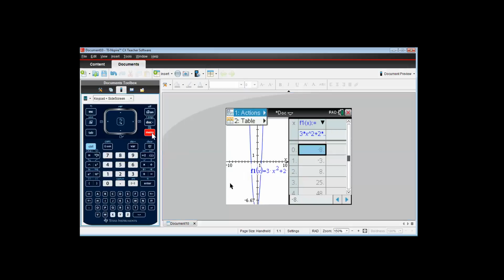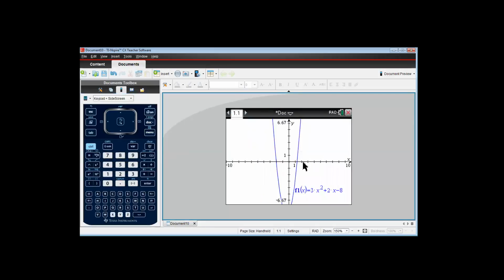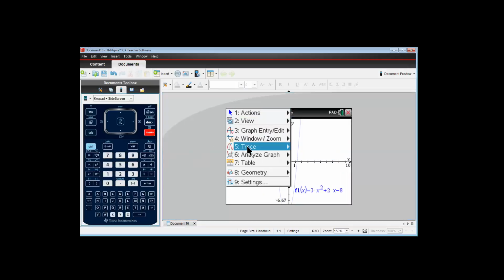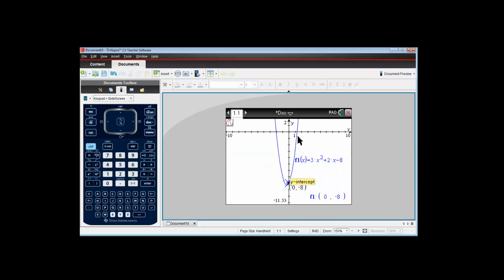So if I go to menu, and if I go to remove my table, and if I go to trace, I should be able to see when that 4/3 would be at that point right there.